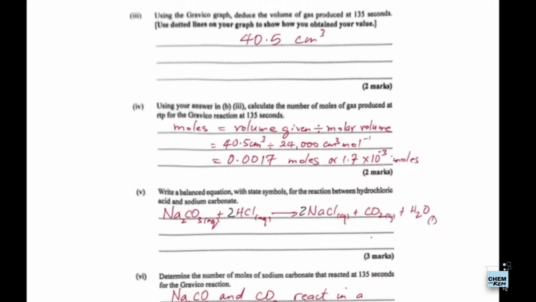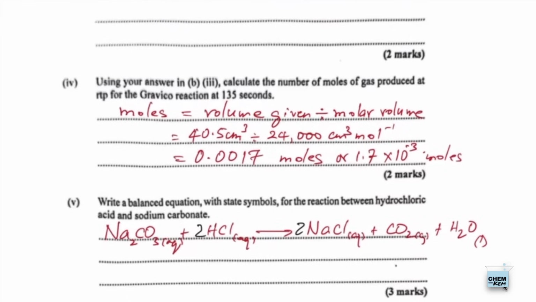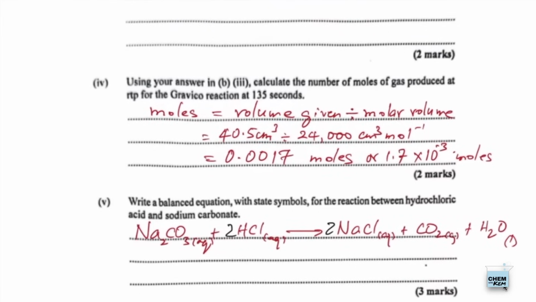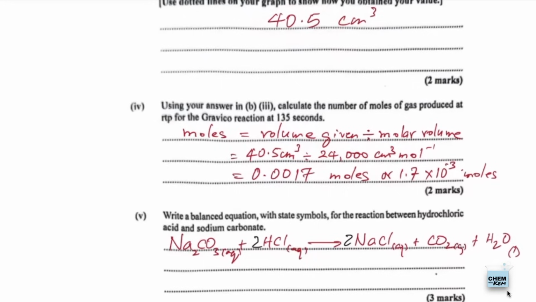All right, the next thing: using your answer in B3 above, calculate the number of moles of gas produced at RTP. And they did not give us RTP. They normally give us what RTP is, right? So we're to do that for the reaction at 135 seconds. The value we're using is 40.5 cm cube. At RTP, 1 mole of a gas occupies 24,000 cm cube per mole.